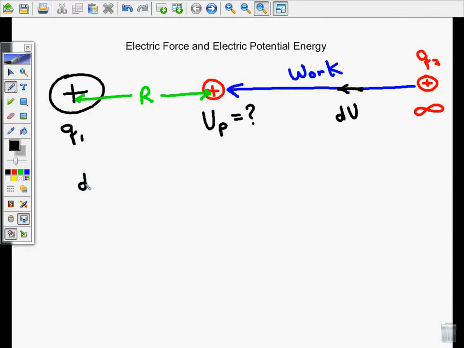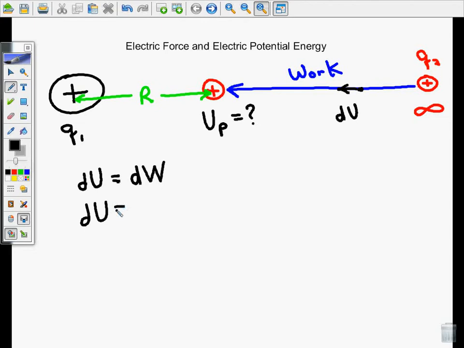That little infinitesimal change in potential energy would be equal to the little tiny bit of work it would take to move it between those two points.